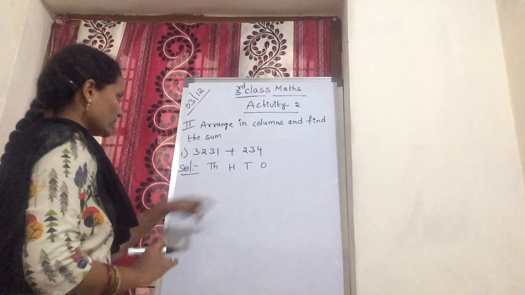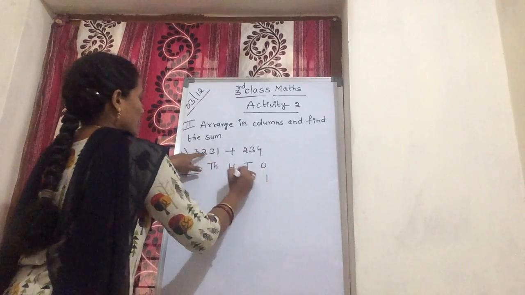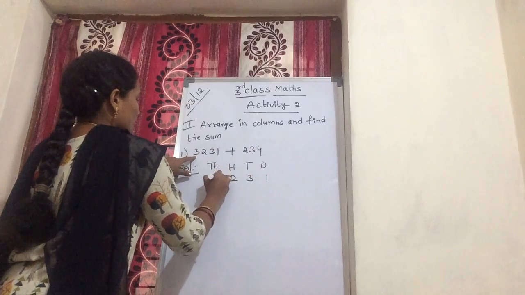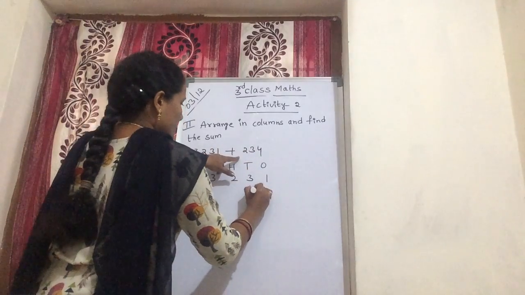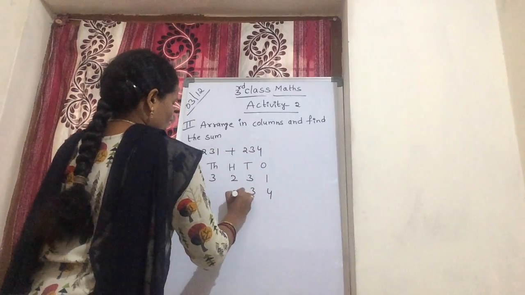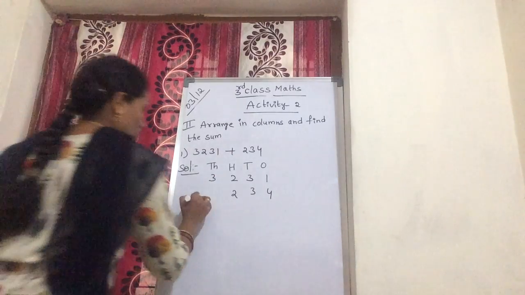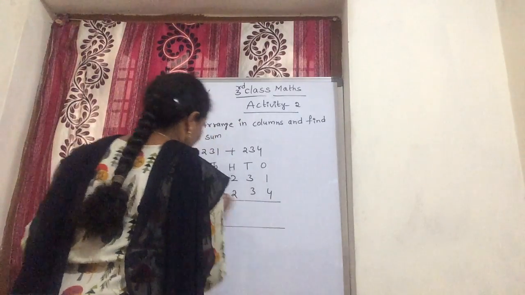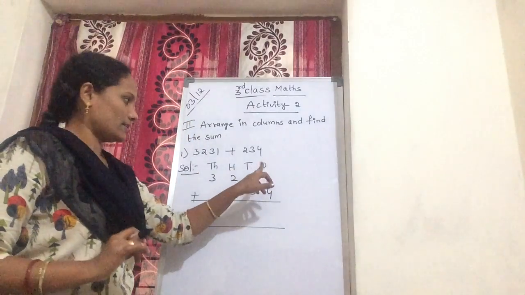In the first number, ones is 1, tens is 3, hundreds is 2, thousands is 3. Next, ones is 4, tens is 3 and hundreds is 2. Is there a thousands digit? No, so you don't write the thousands. Now you add.